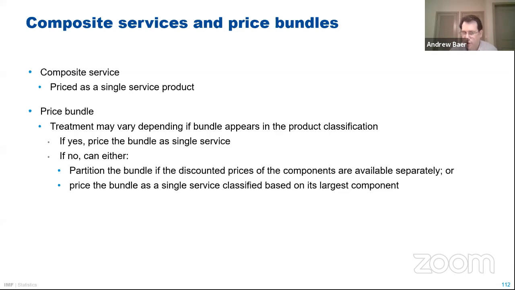If they cannot give you those separate components, then you're going to have to price the bundle together and classify it in either internet, programming, or telephone based on which one is the biggest part of the bundle.